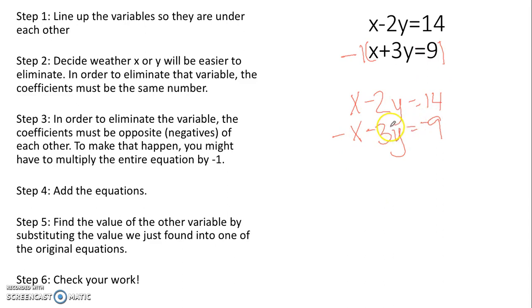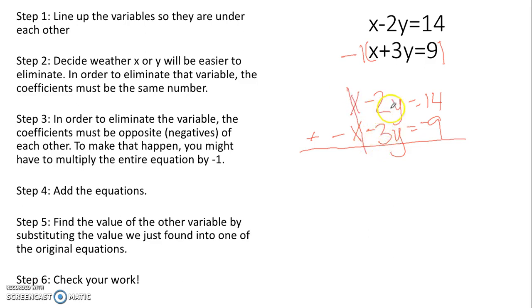We skipped one. Step 4, add the equations. We're going to add these two equations, and it's going to eliminate one of the variables. So x plus -x, or you can read it as 1 plus -1, equals 0. We just eliminated the x.